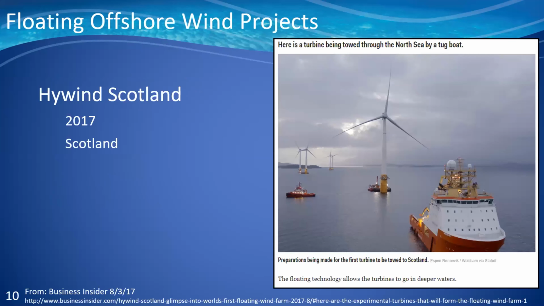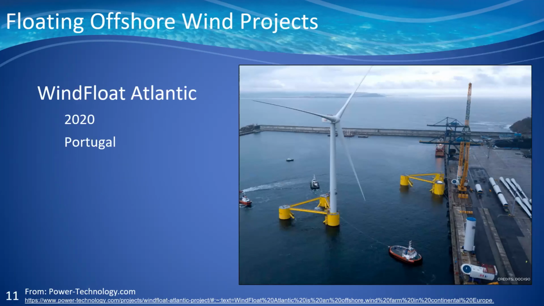And what we've got right now, actually operating in the field in Scotland in 2017, Hywind put in 5 spars. They have 5 turbines, each is 6 megawatts for a total of 30 megawatts. And it's operating at 130 meter depth. So that was kind of the first real grid-connected wind farm for the purpose of producing electricity.